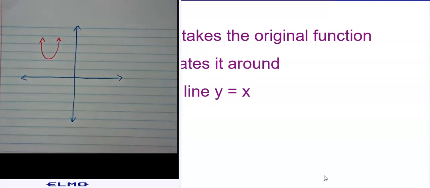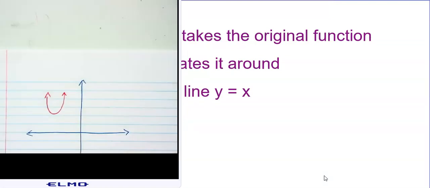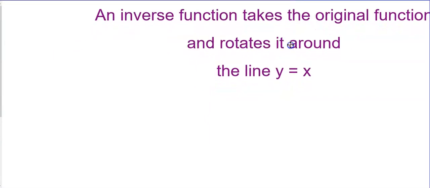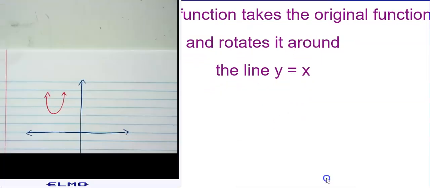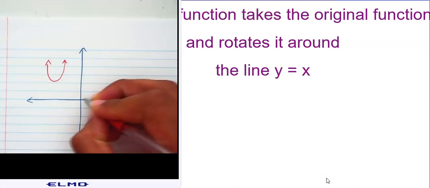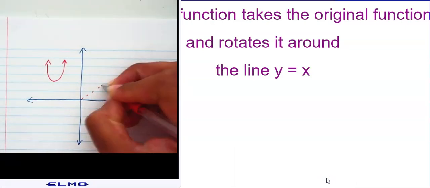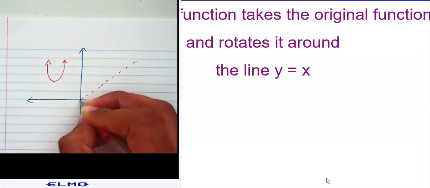We know that the line y equals x, like we said up here, is right here, pretty much the same line as your linear function, the parent function of linear.